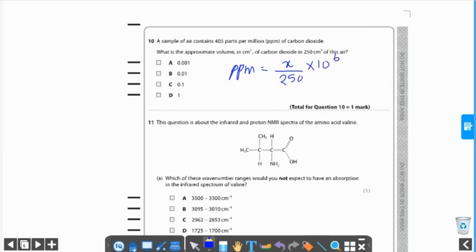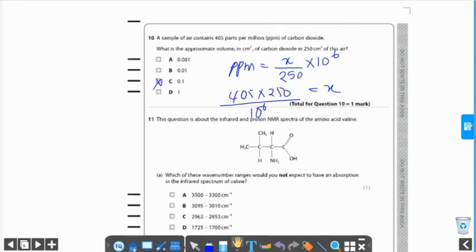So 405 is the ppm value into 250 over 1 million. So 405 into 250 divided by 10 to the power 6. Get the answer as 0.1. Straightforward question again.